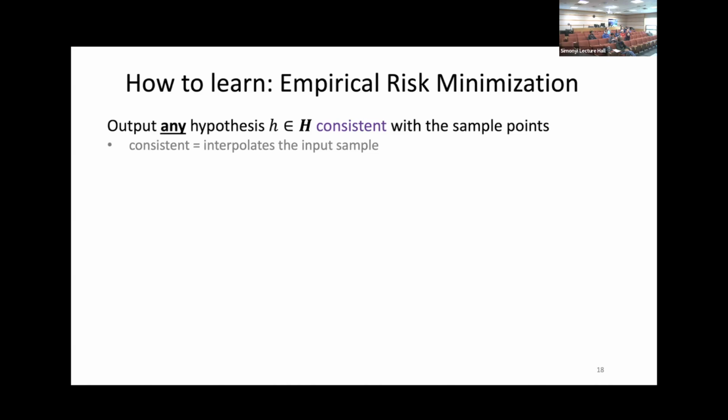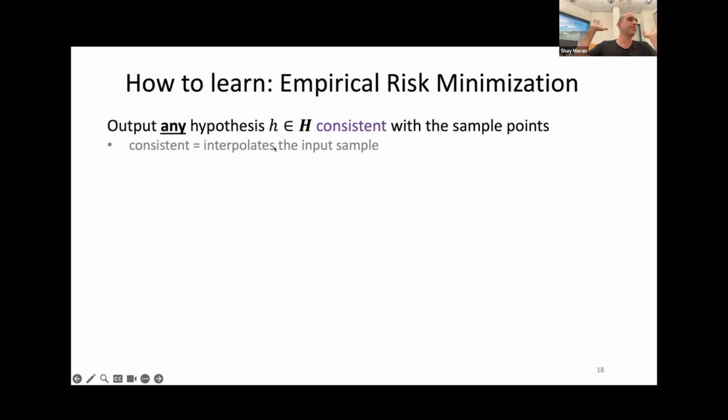Okay, so how to learn? The proof, and indeed the proof of Vapnik and Chervonenkis, tells us the following very simple and intuitive principle. Basically, what you need to do is output any hypothesis h from the class itself which is consistent with the input, which has zero error on the input in the realizable case. Just output any interpolating hypothesis from the class.